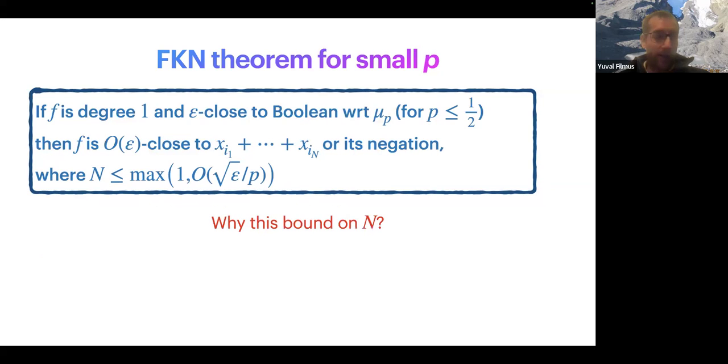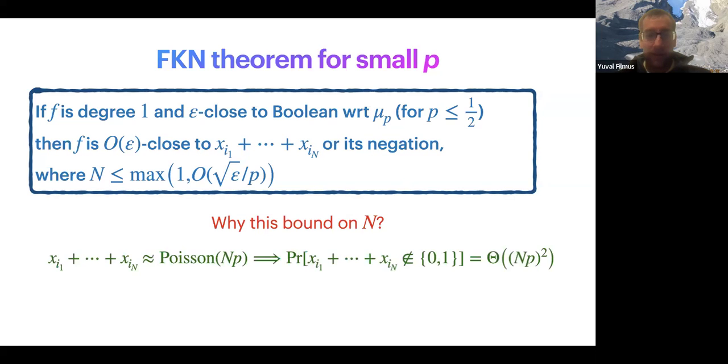So why this strange bound on n? The idea is, let's say that f was indeed epsilon close to this sum, x_{i1} plus ... plus x_{in}. I didn't say, but these coordinates have to be distinct. So suppose this was the case. Let's see what this function f behaves like.